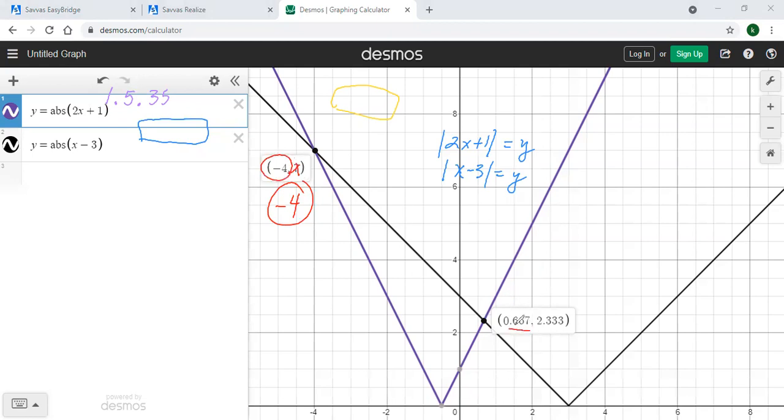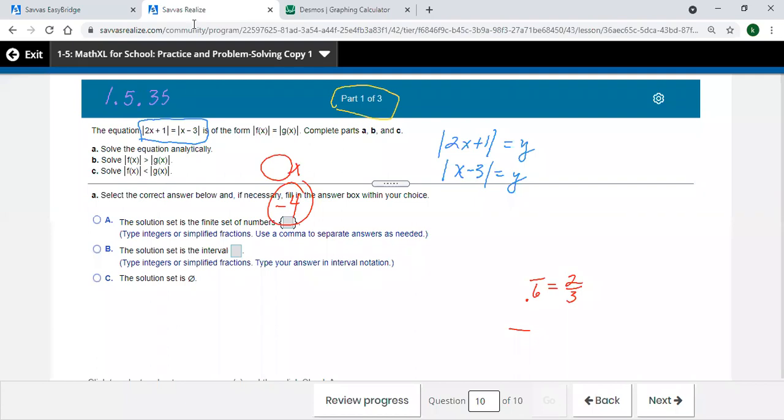And then this one again, this is 0.6 repeating, most likely anyway. I mean, it could be this weird decimal, but I'm thinking. And then hopefully you remember that 0.6 repeating is the same as 2/3, just like 0.3 repeating is 1/3. So with that, let's see if we hop back on over to Savas and see how it likes our answers.